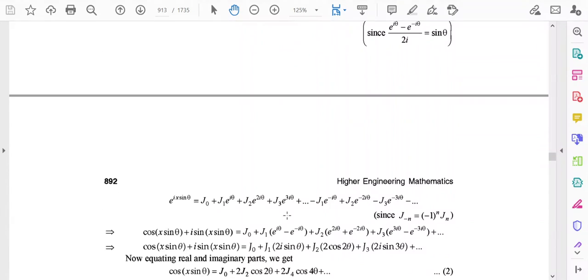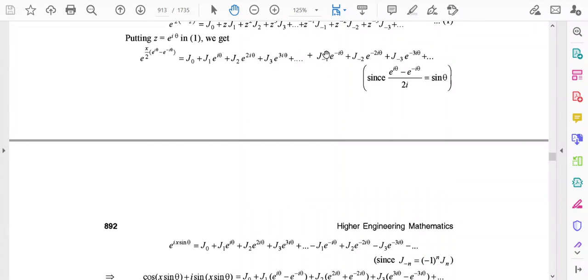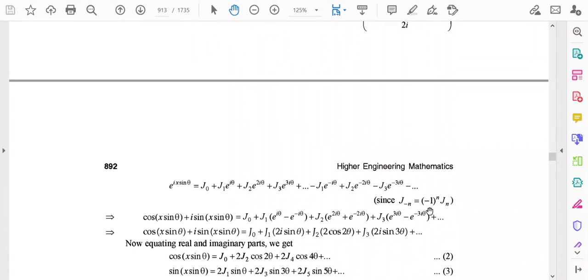And we will use another expression, that j of minus n can be written as minus 1 to the power n jn. We have also established this fact in earlier lectures. So here the j of minus 1 term, you have to replace in this way: j of minus 1 will be minus 1 to the power 1 j1, and j of minus 2 equal to minus 1 to the power 2 j2.